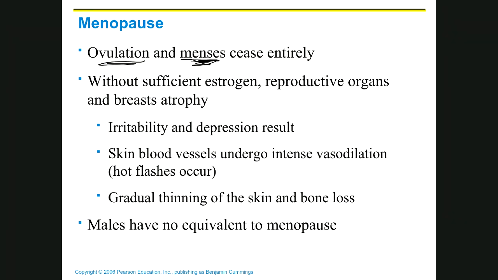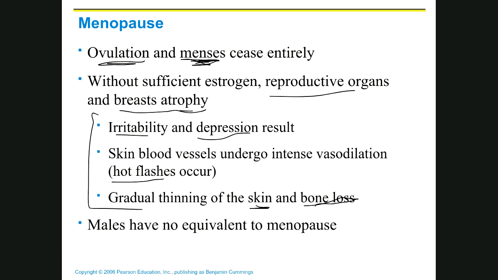Breast atrophy, reproductive organs atrophy. You also get a whole lot of other things that go along with it. You can see things like hot flashes and irritability. So people go through depression. And then, remember, they're also going to lose bone mass and muscle mass, and the skin is going to get thinner.